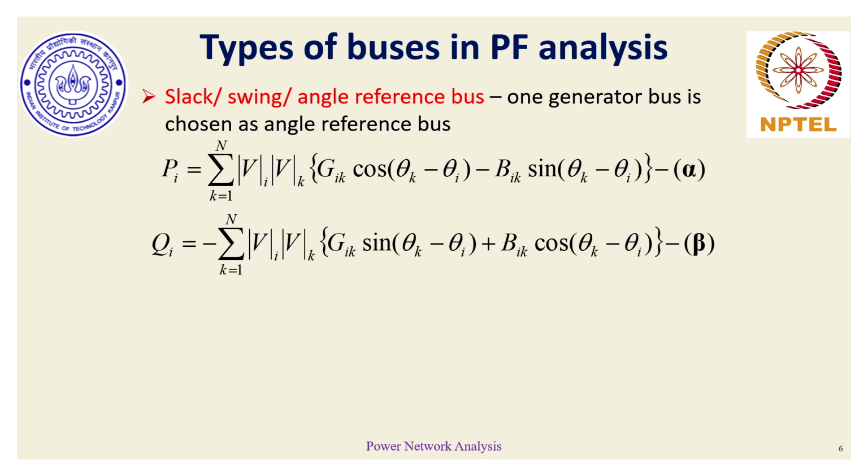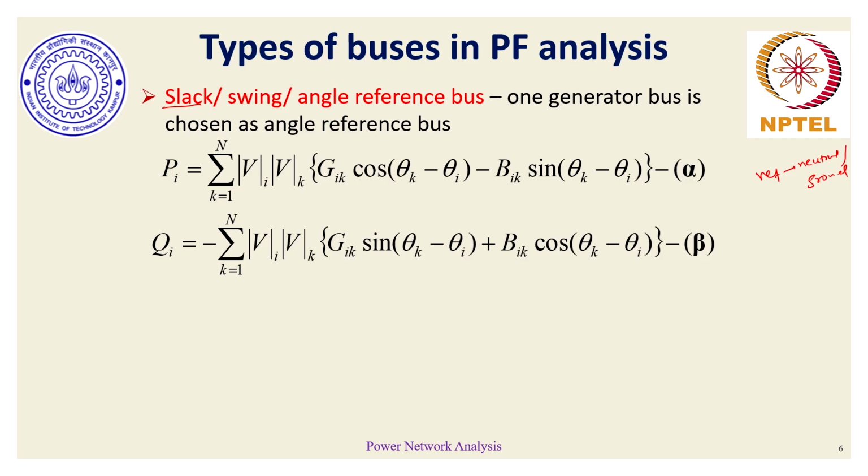The third category of bus, which is usually one bus or a combination of buses, is called the slack bus. Remember, when we say that the voltage has to be measured with respect to a reference, the reference was inherently chosen as the neutral point or the ground, which is all okay from the perspective of evaluating these equations.